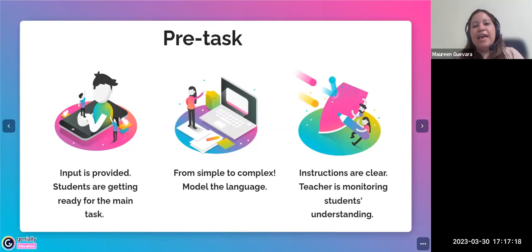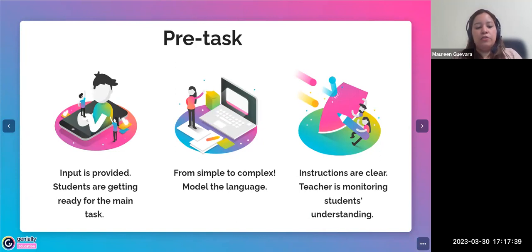Thank you. Now we talk about the pre-task. Okay, in this stage, of course all of them are important, but for me this is the stage when you provide input to your students, but this input is going to be comprehensible input for them.